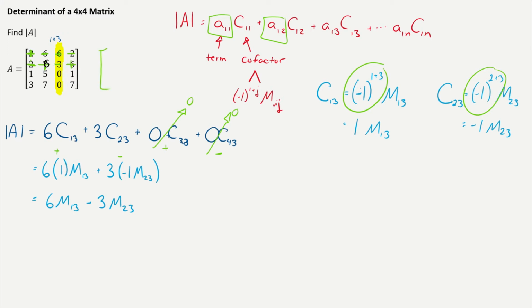Maybe I'll even write that over here. It's always doing this checkerboard pattern of positive and minus. So as you're determining if your cofactor should be positive or negative, you can think about where it is on the checkerboard pattern. Or you can think about if the term is 2, 3, well, those add up to an odd number. 2 plus 3 is 5, so therefore it's negative, because the power of the cofactor would be odd.